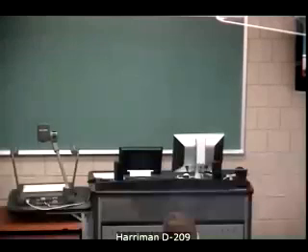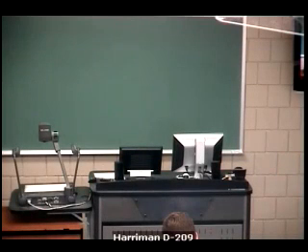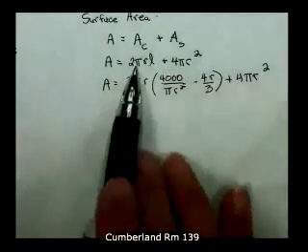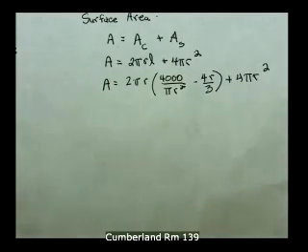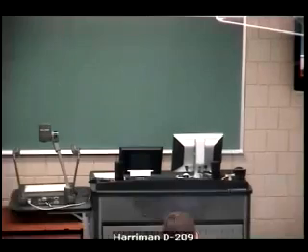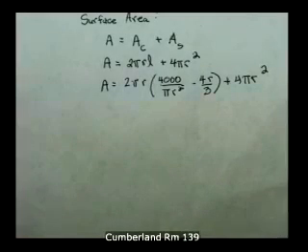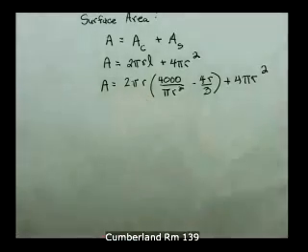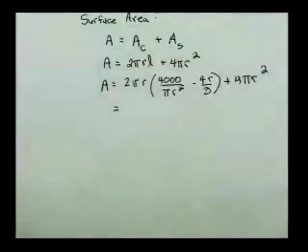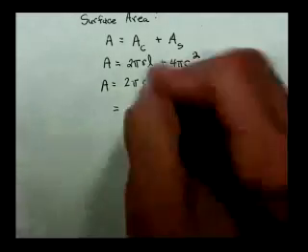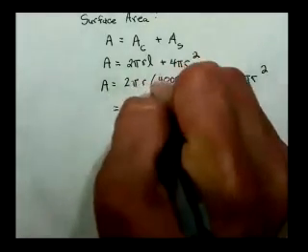I know I can clean that up some. I'm going to distribute the 2 pi r and see what happens. Well, first term, 2 times 4,000 is 8,000.